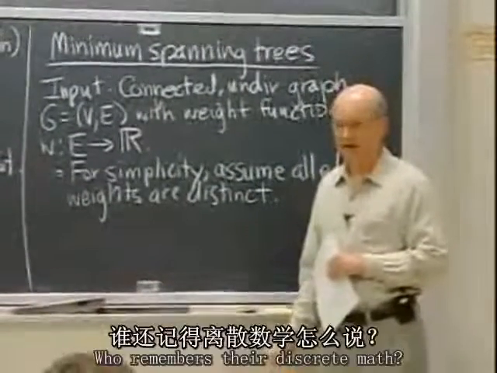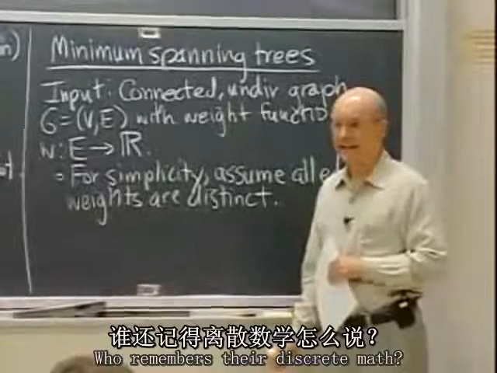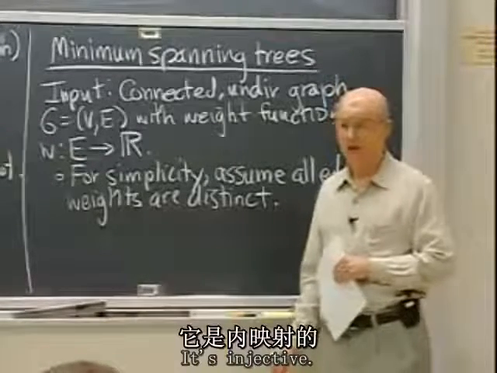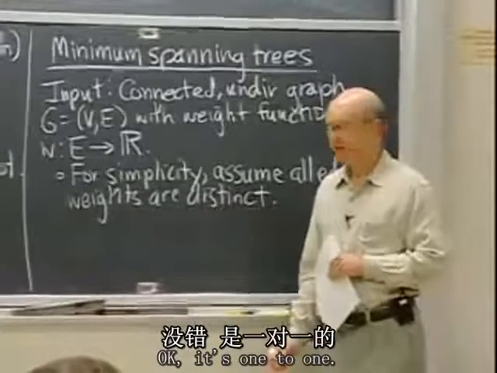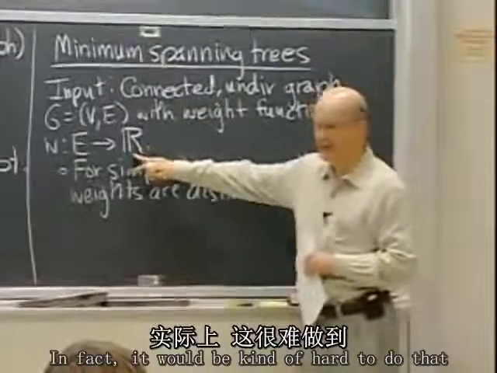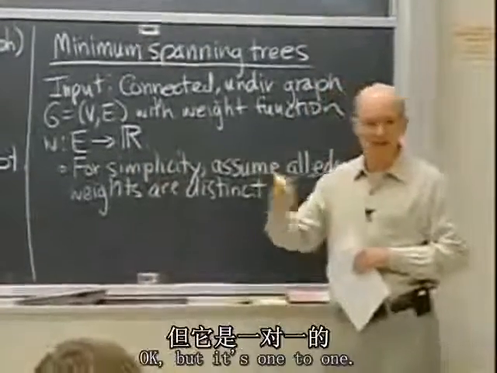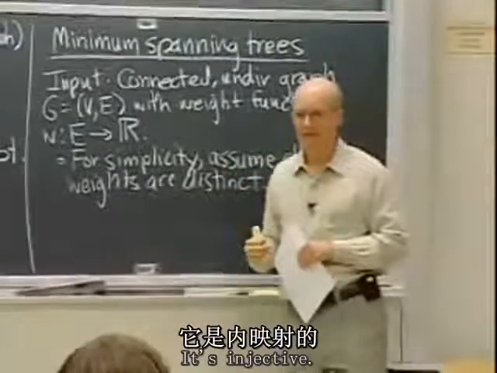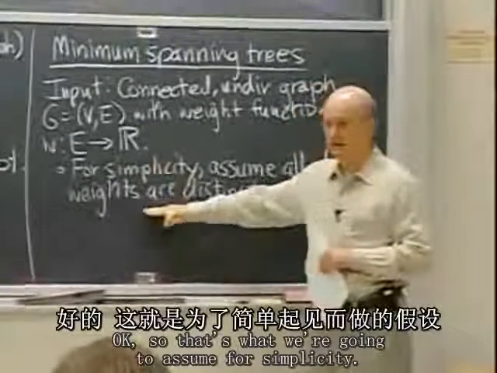Who remembers their discrete math? It's injective. It's one-to-one. It's not necessarily one-to-one and onto; in fact, it'd be kind of hard to do that because that's a pretty big set. But it's one-to-one, it's injective. So that's what we're going to assume for simplicity.